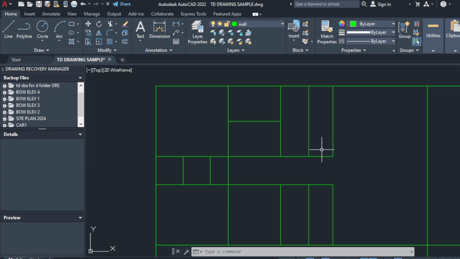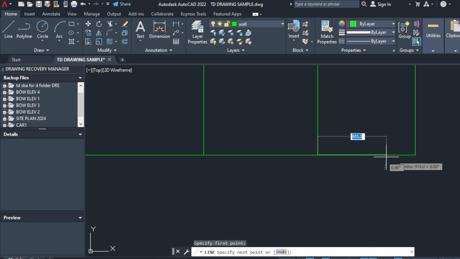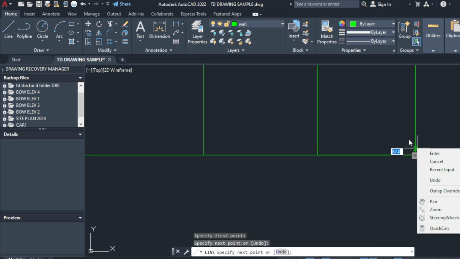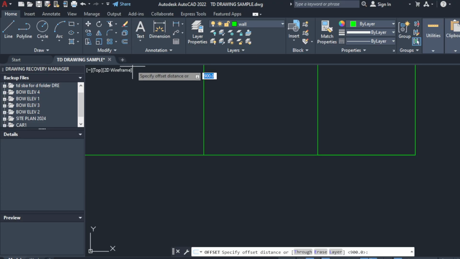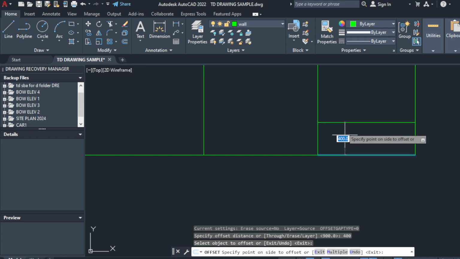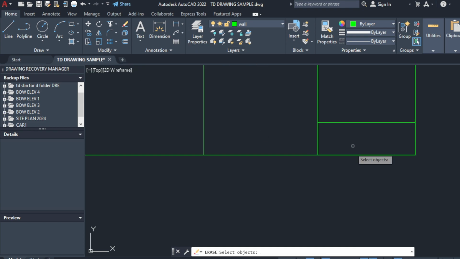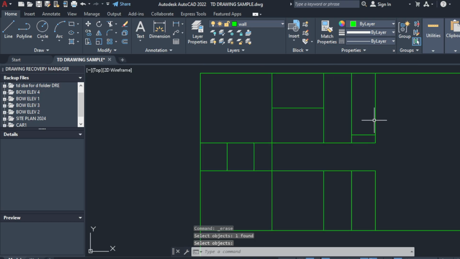It's in 400. 600 is not bad. So I'm going to draw a line over this line here. Make sure to erase it. And I'm going to offset this at 400 millimeters. I erase the line drawn here.